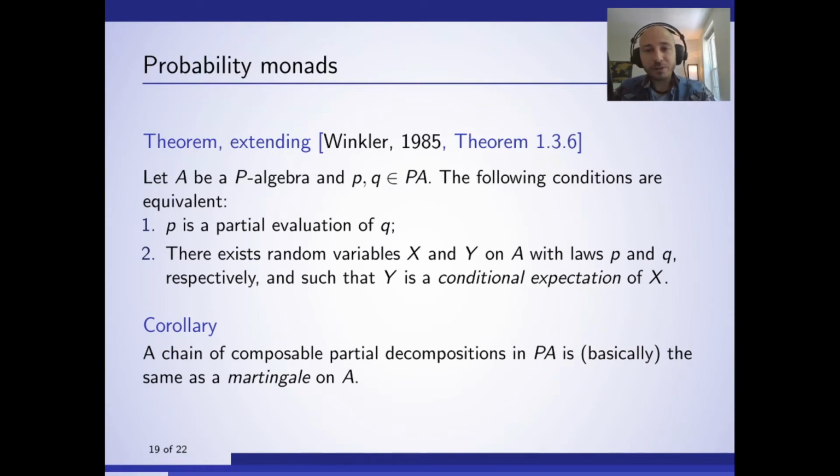Not many people were using probability monads to actually talk about stochastic processes and so on, but mostly to express what measures are categorically. This instead is giving us a way to talk about actual martingales, so things that probability theorists actually work with, using monads.